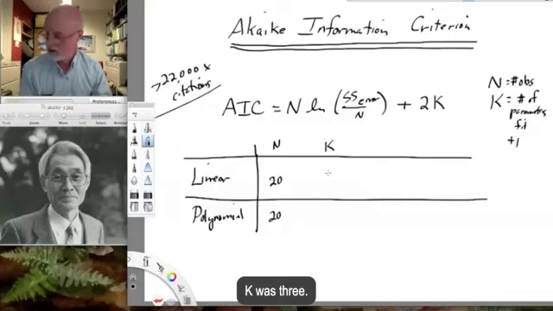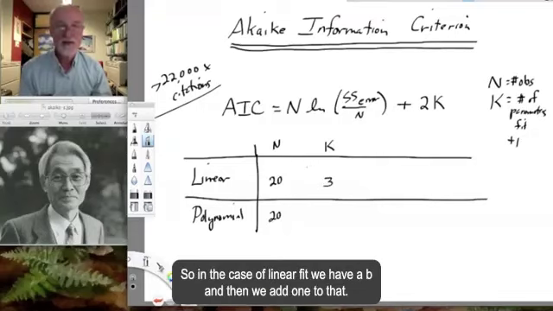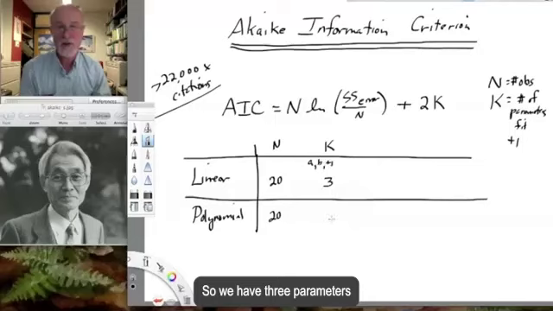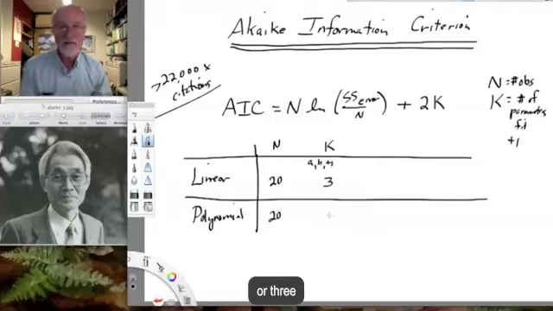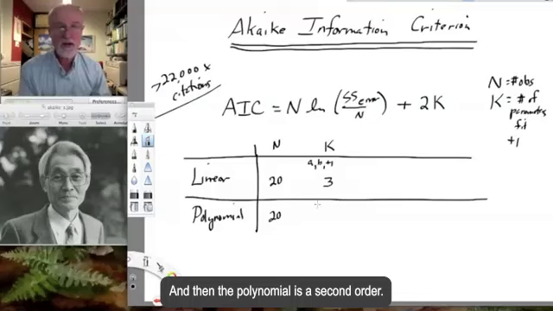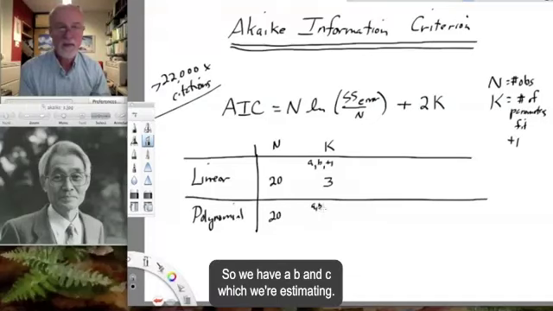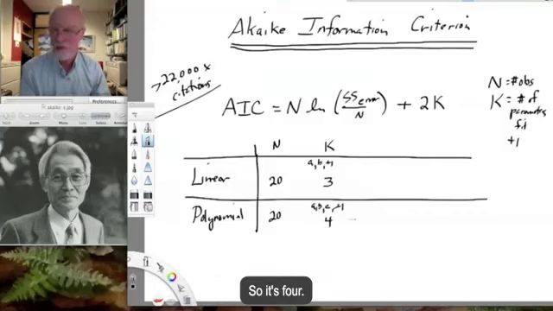K was 3 in the case of the linear fit, so we have A, B, and then we add 1 to that, so 3 is the value of k. And then the polynomial was a second order, so we have A, B, and C, which we're estimating, and we add 1 to that, so it's 4.